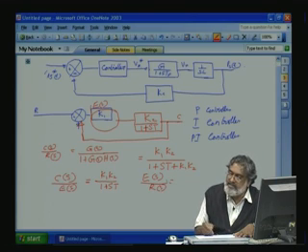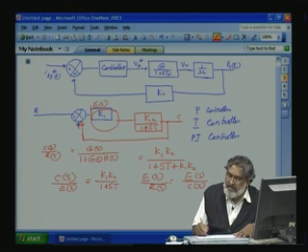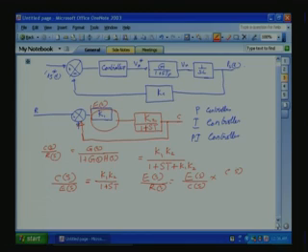It is E(s) by C(s) into C(s) by R(s). Using these two equations, we can find this part.